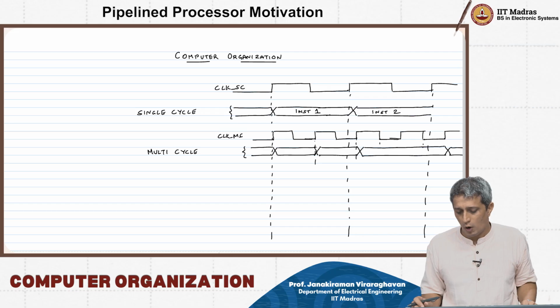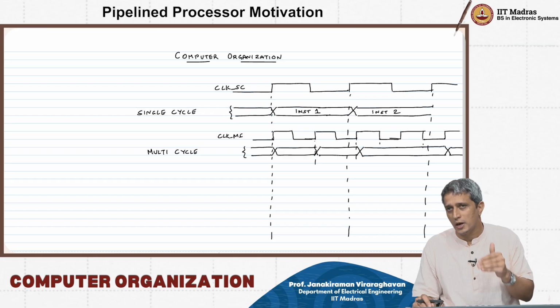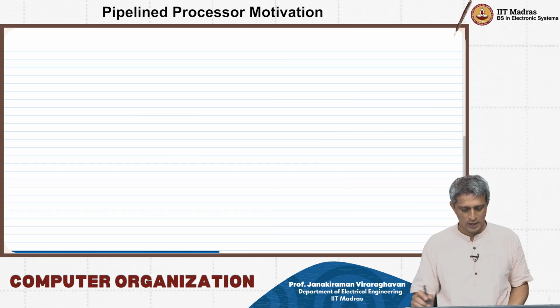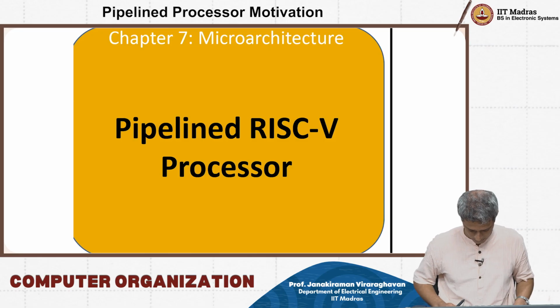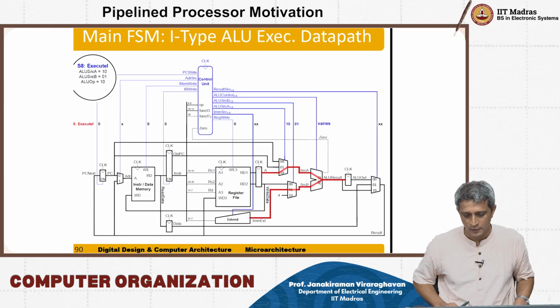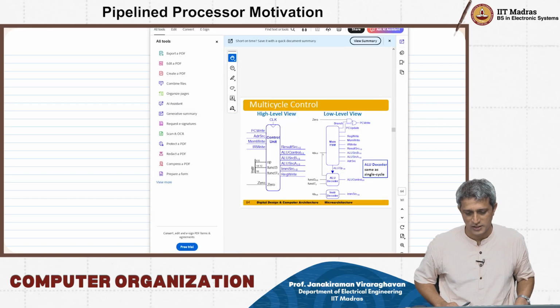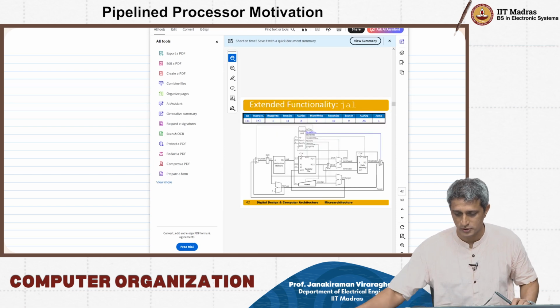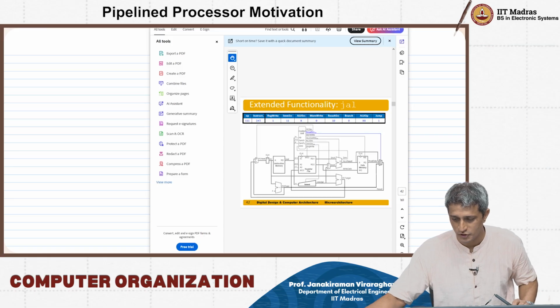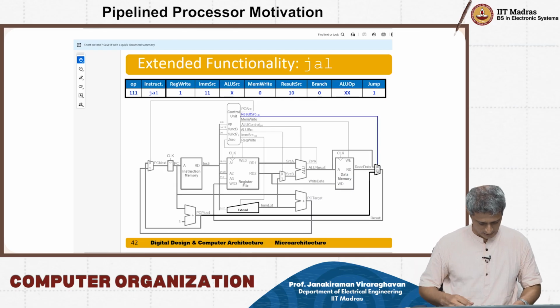What is interesting to note is that we moved from a single cycle processor to a multi-cycle processor by inserting flip-flops in between. So let me go back and get one of the single cycle block diagrams that I can use for analysis here.